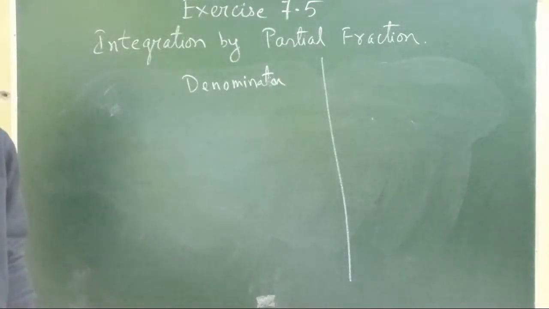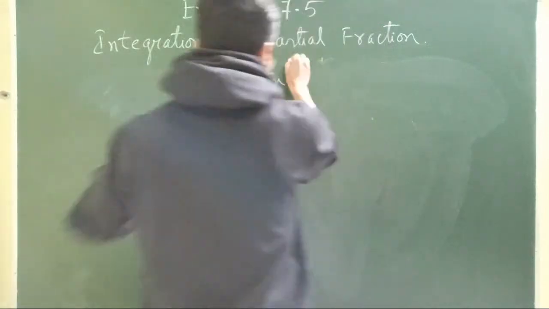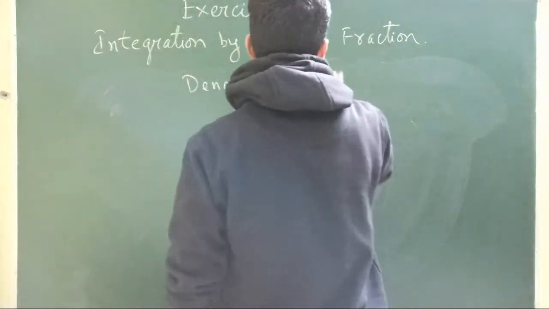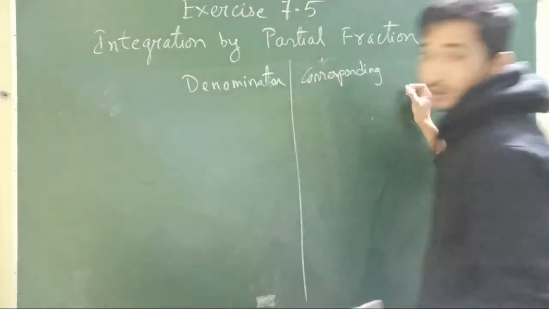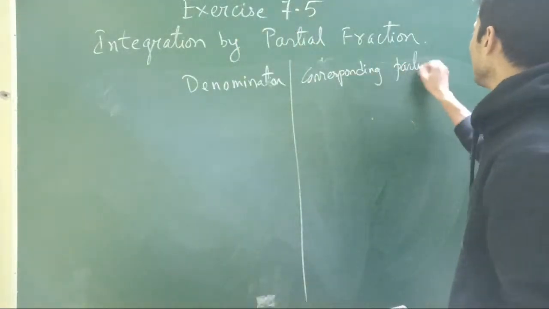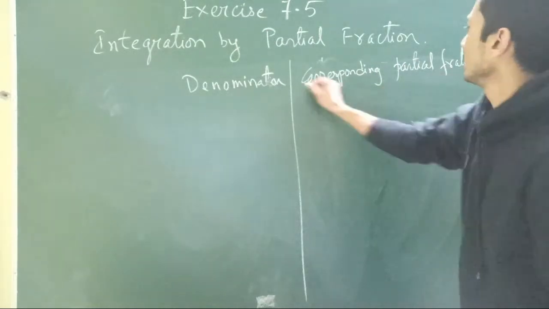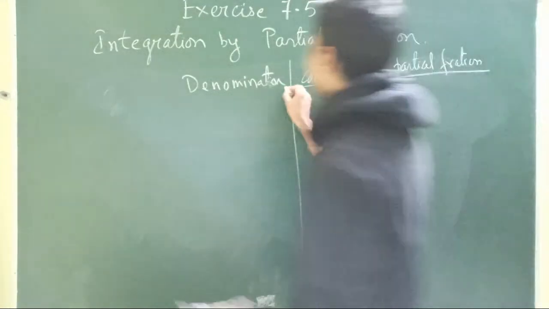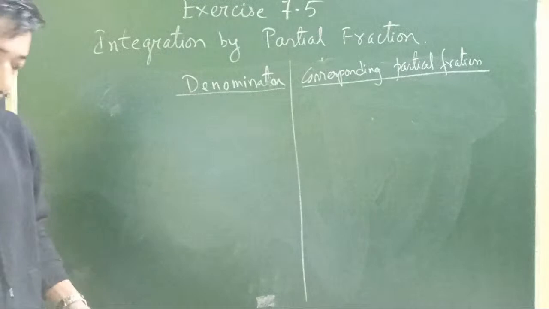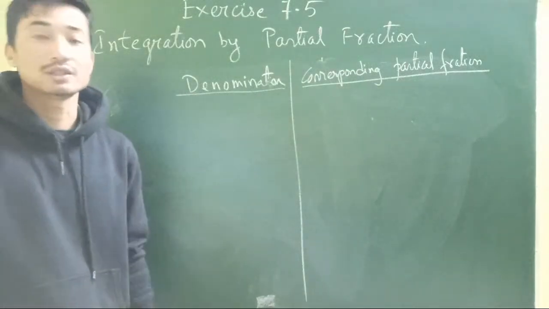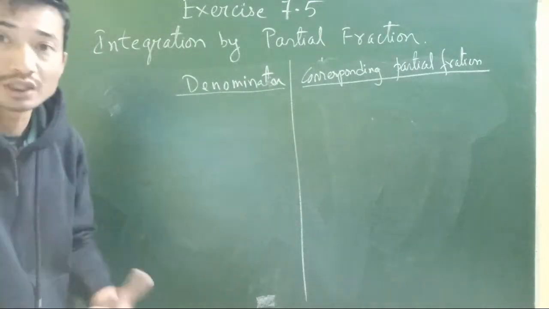So we'll have a small table: denominator, and the corresponding partial fraction. When we do the exercises, it will be more clear, but at least it will give us some idea, because based on this we will be continuing.